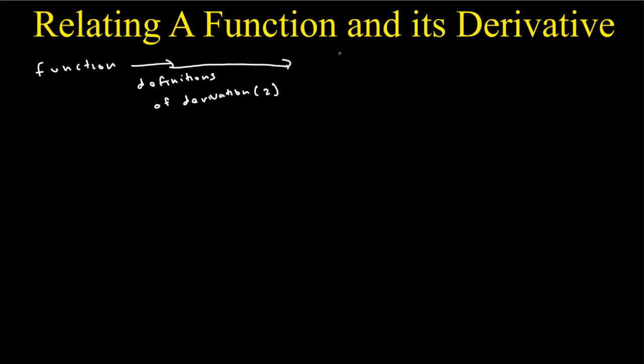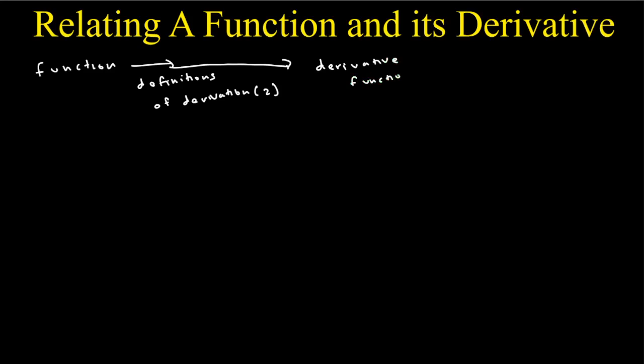We covered how you go from a function, using the two different definitions of a derivative, to get another function that describes the derivative. I'll call this the derivative function.